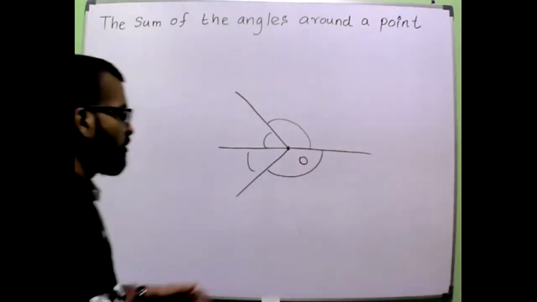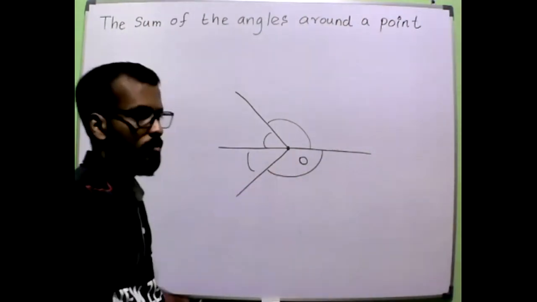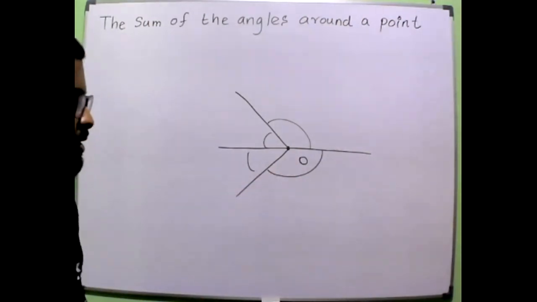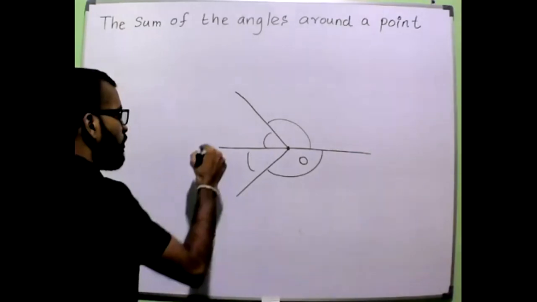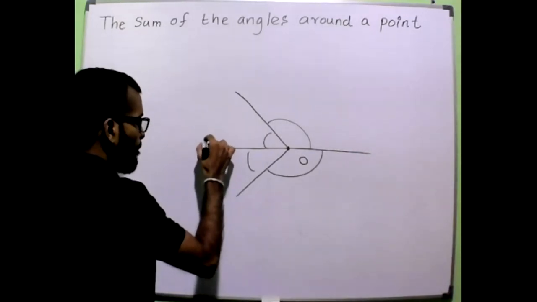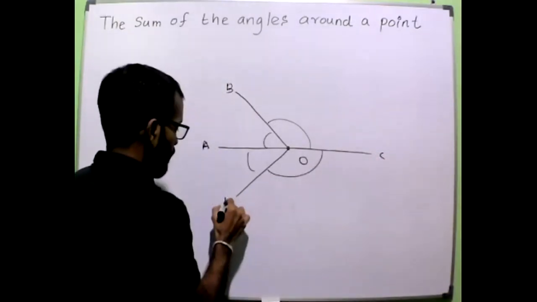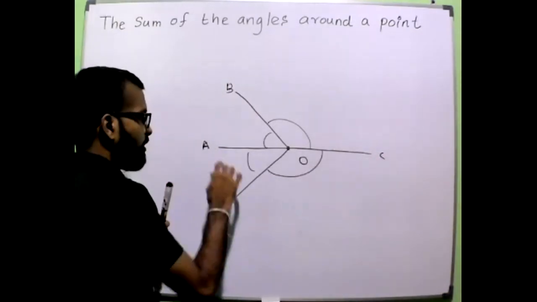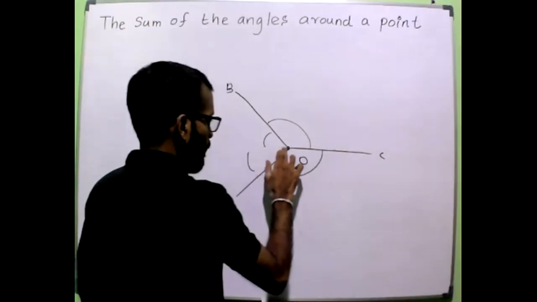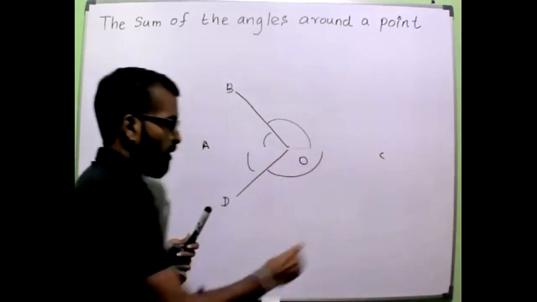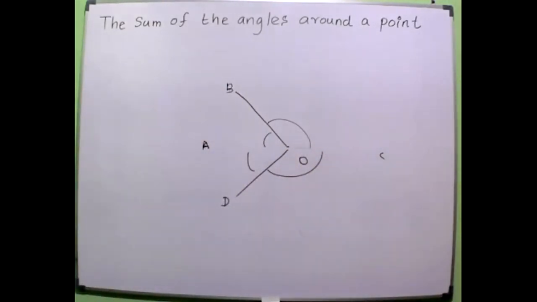So my point is O. Now I have AB, CD. So I will say my AC is a straight line, right?